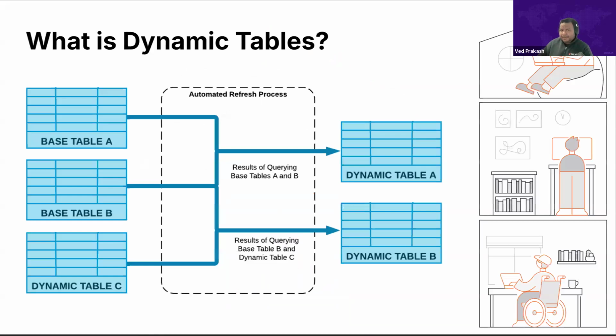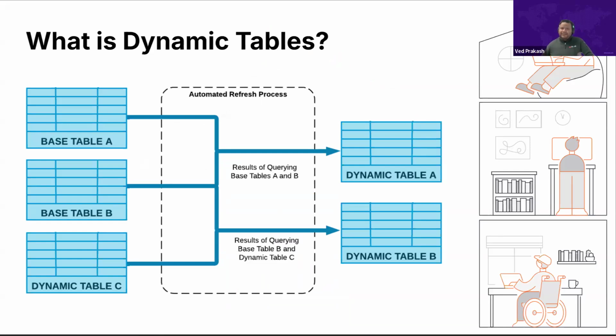So with this, moving to the next segment, the dynamic tables. If you look at the screen, it shows that there is a certain table ABC and there is a dynamic table. As the name implies, dynamic tables in Snowflake are automatically refreshed and simplify the creation and maintenance of data pipelines.